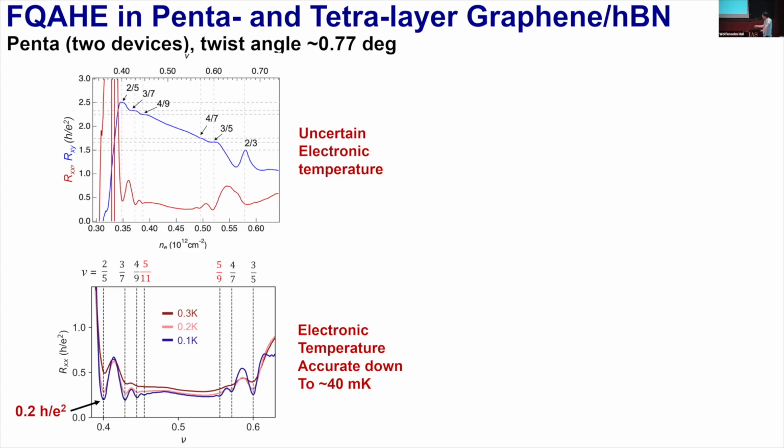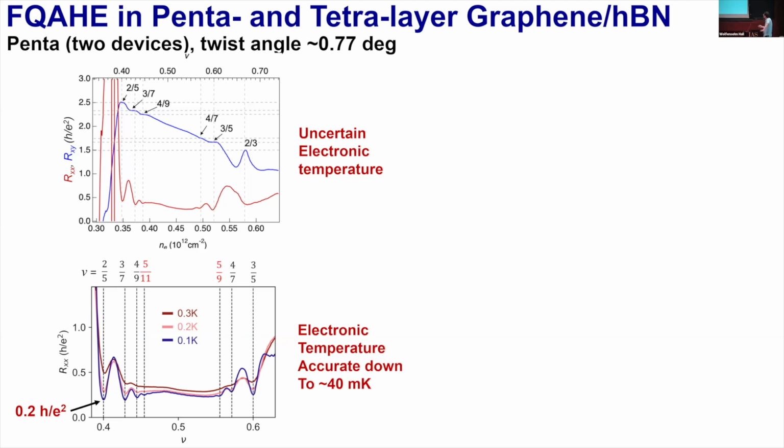So it does move in the right direction. The lower the temperature, the gap state gives you a smaller residue in Rxx, although it's still not 0. Now in this device, the residue is about 0.2 h/e squared, which translates to about 5 kilo ohm in resistance. If you're familiar with the fractional quantum Hall literature, this is still a huge residue. But we're making some progress, okay?